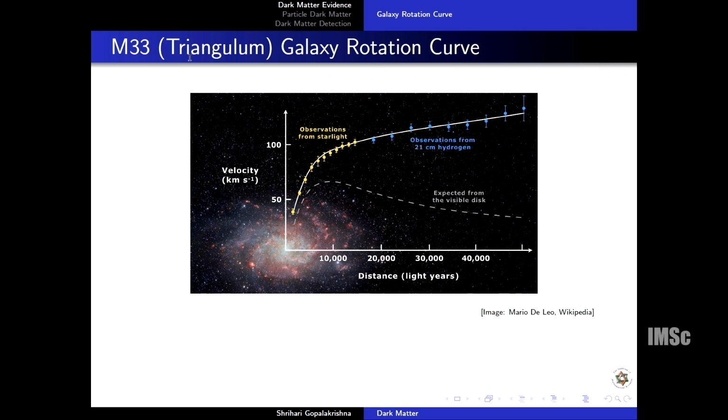So we have developed means for measuring the velocity with which a star is moving. I will not give you details of it. If somebody is interested, you can ask me later. I can explain to you how that is done. But just take it from me that by looking at Doppler shift, we can measure how fast a star is receding from us. We can make that measurement.